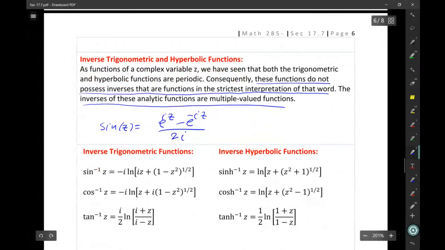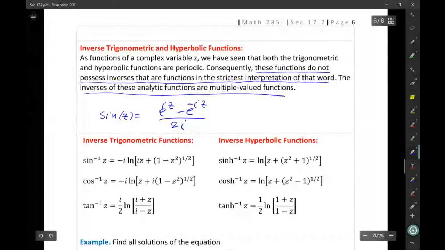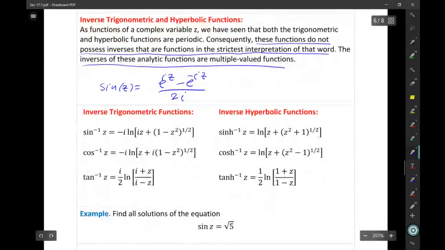الآن to find the inverse for these functions, it's a matter of just a very simple calculation, which is not required from you.